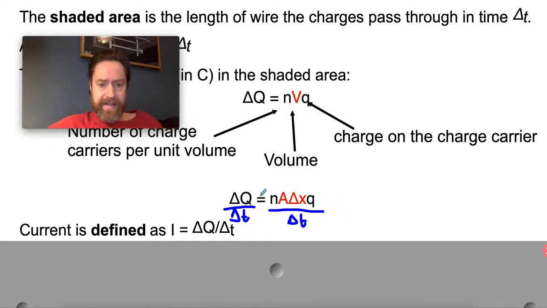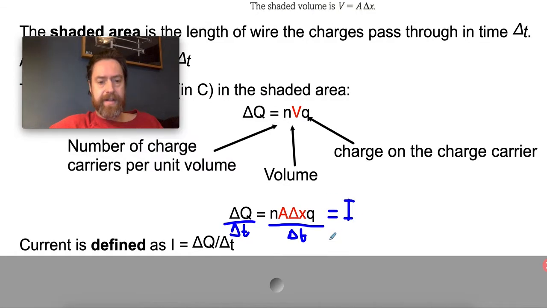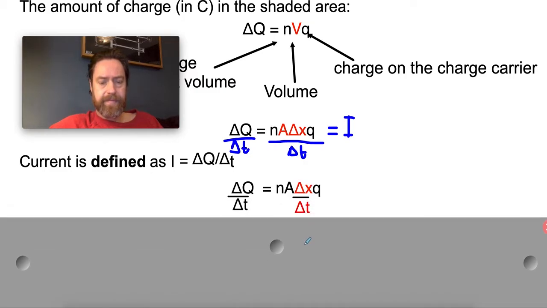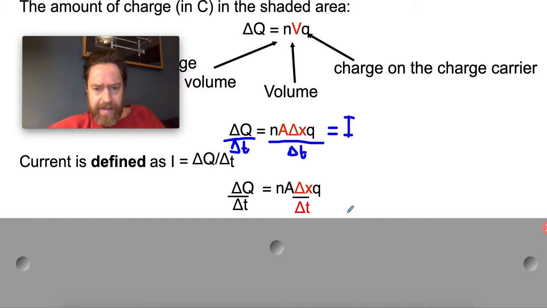Now, what this means is that this expression here is now current. So that equals the current in the wire. I'll just scroll down a little bit, sorry, so it looks a little bit neater there. And what I've highlighted now is that if this part on the left is the current, we've then got n, the number of charge carriers per unit volume, multiplied by the area, multiplied by the charge on the charge carrier.